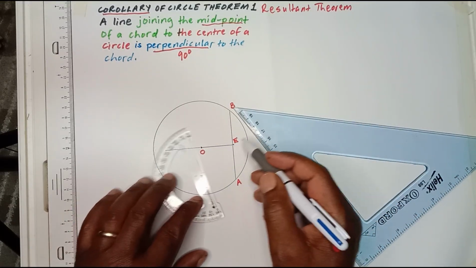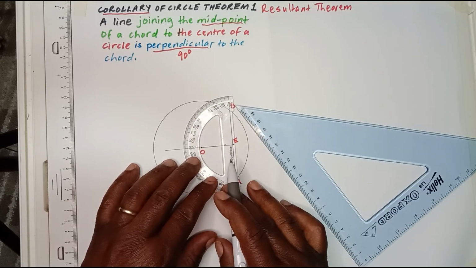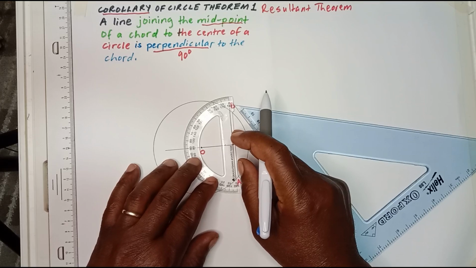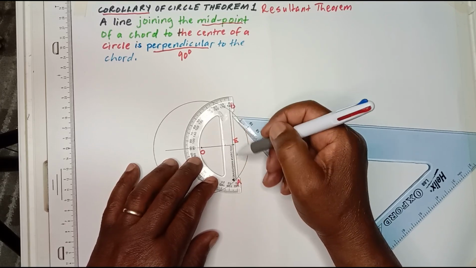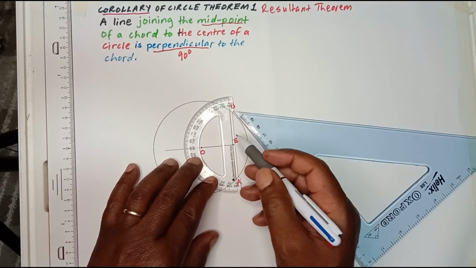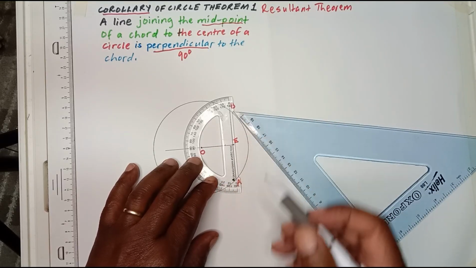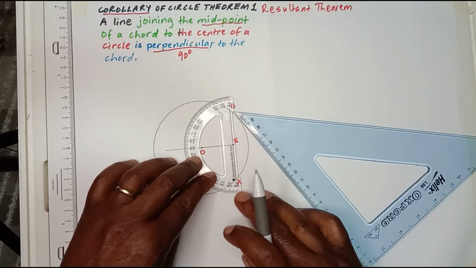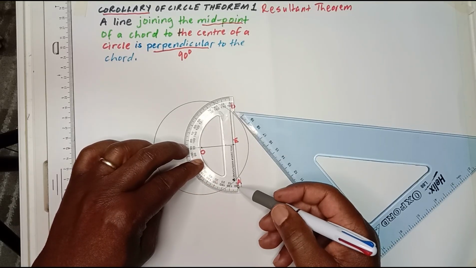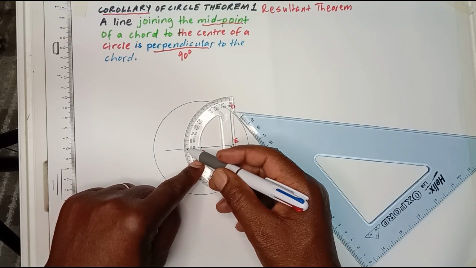We extend line EO, with the center of the protractor at E and the zero line on line AB. We can read from 0 to 90 degrees. So this confirms that angle OEB is equal to 90 degrees. On the other side, there is another 0 on the protractor. We can also read from this 0 and we get to 90 degrees.